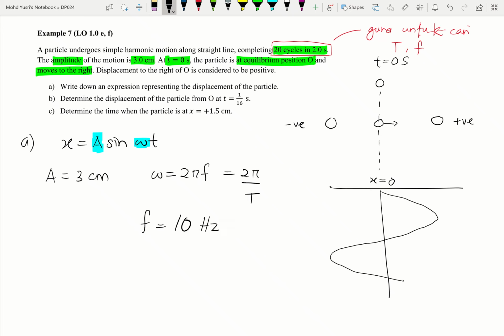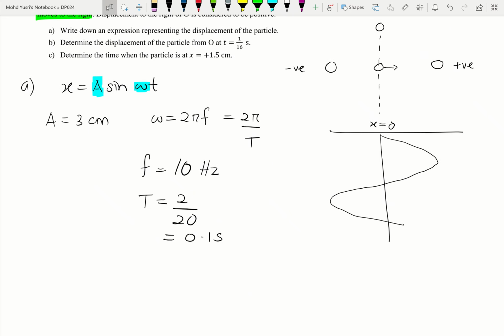So, itu info yang boleh kita dapat daripada 20 cycle in 2 second. Or, we can calculate the period. Period is defined as the time taken to complete one oscillation. The time taken for this particle to complete 20 oscillation is 2 seconds. Therefore, time taken to complete one oscillation is 2 divided by 20, which is 0.1 second.